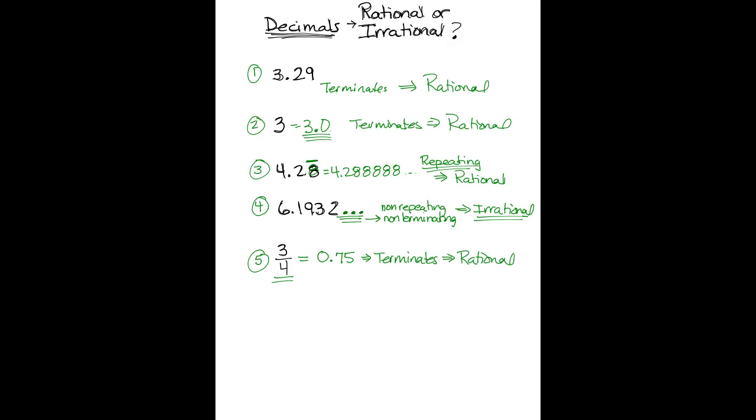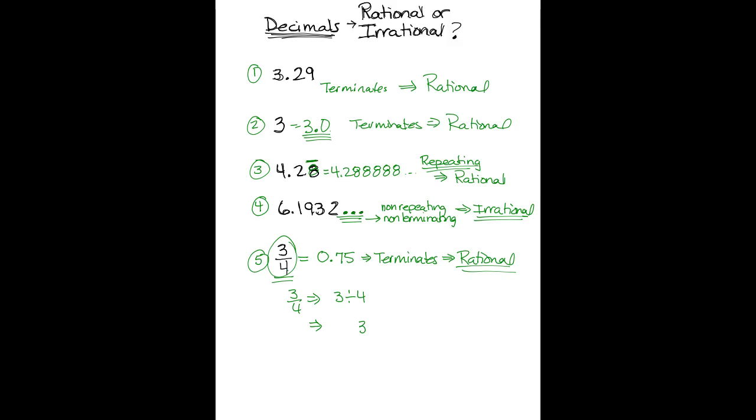And that is terminating. That's another way to show that it is indeed rational. But if you notice right away that it's a fraction and that the definition of rational is that it can be written as a ratio or a fraction, then you're all set.